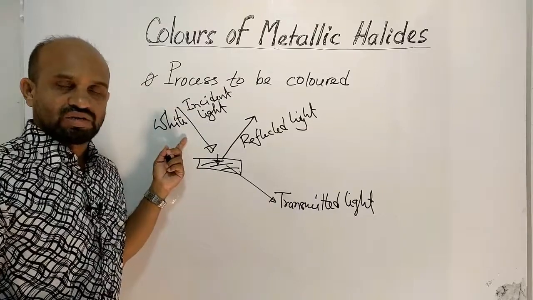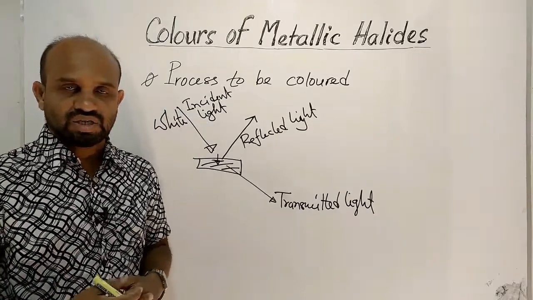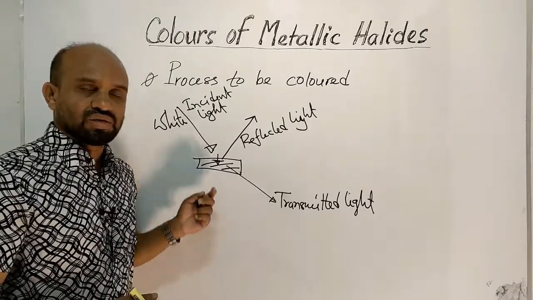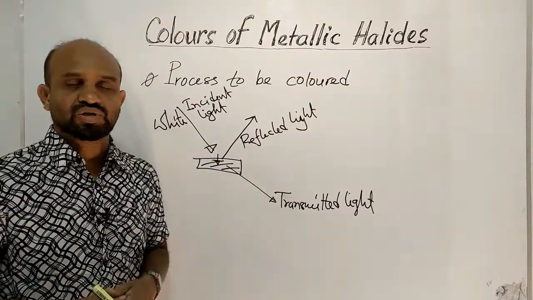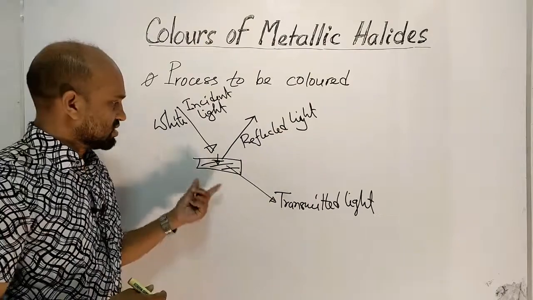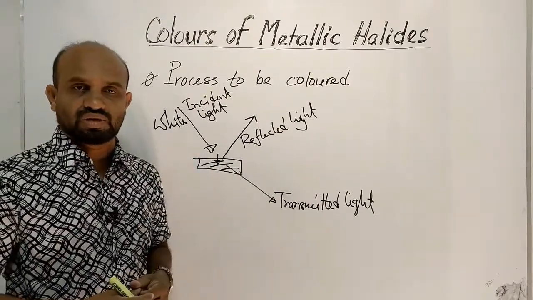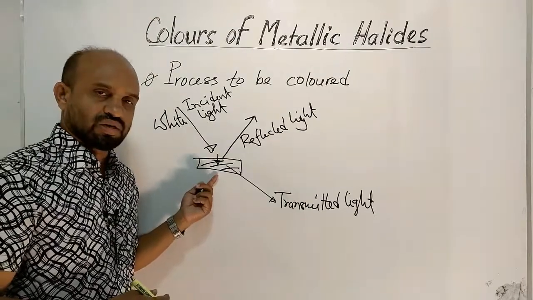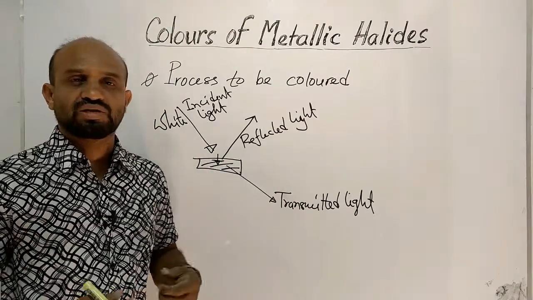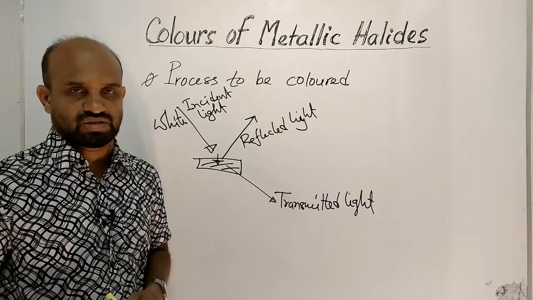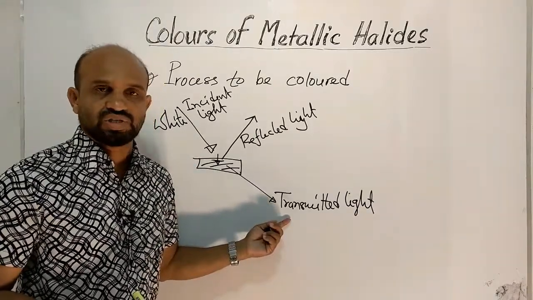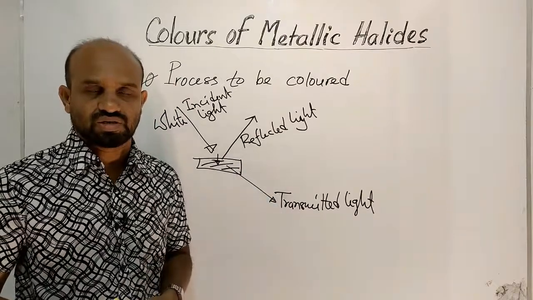This white light contains 7 colors. When a body absorbs a portion of the light, the body will be colored, and the color will be the complementary color of the absorbed light, or the region of visible light which is transmitted.